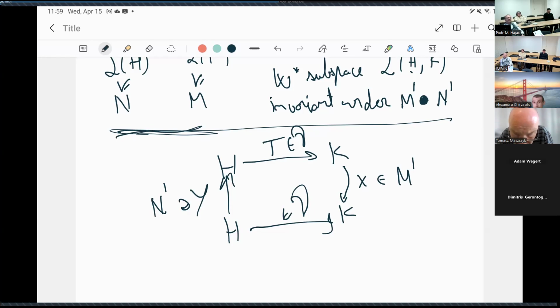So why does this correspond to this relation in the classical case? Could you explain to me?